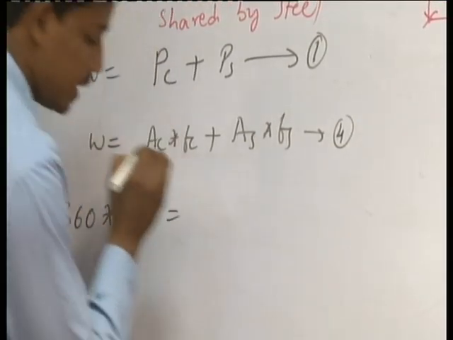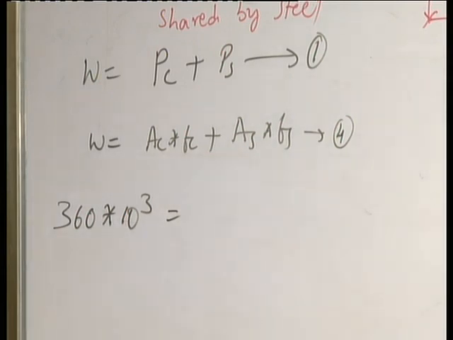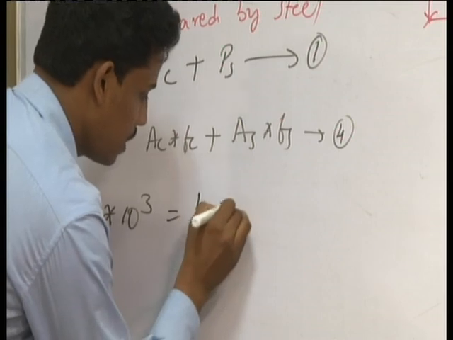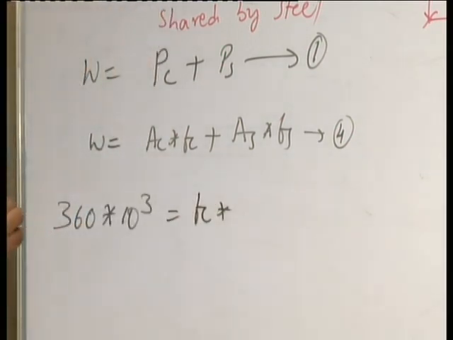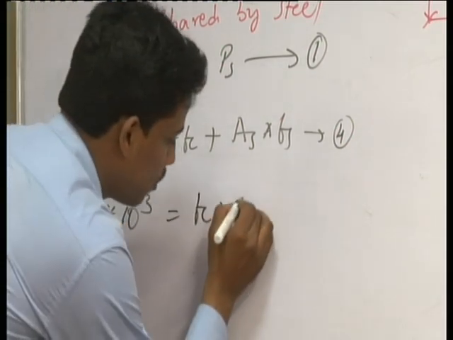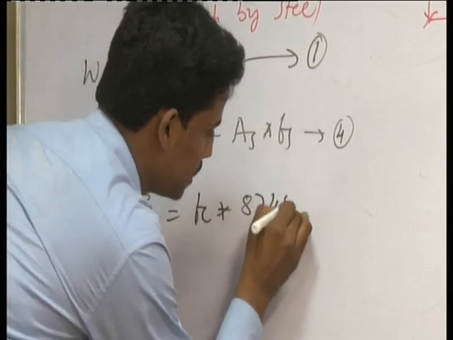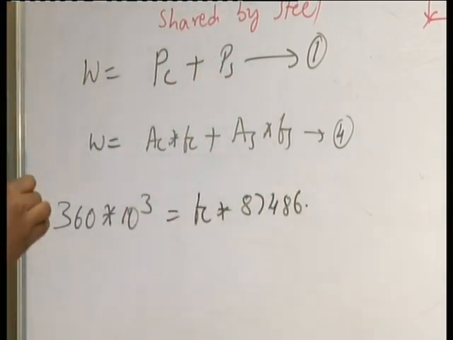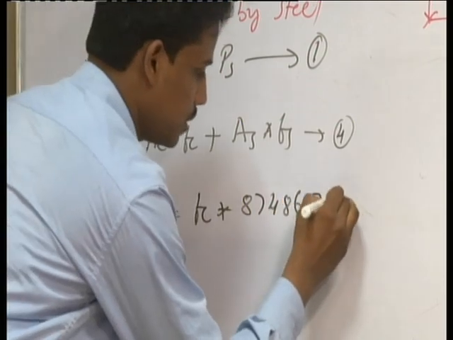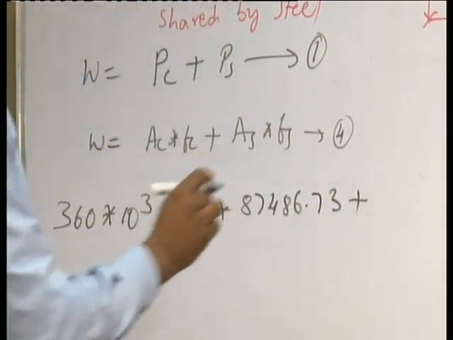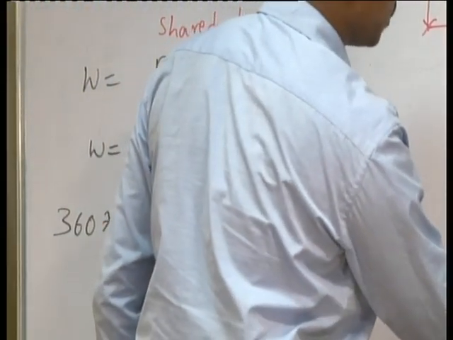We know that the area of concrete is 87486.73. And another expression, we know that Fs is equal to 14.29 Fc.